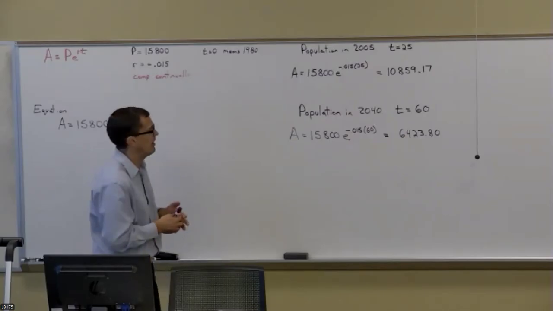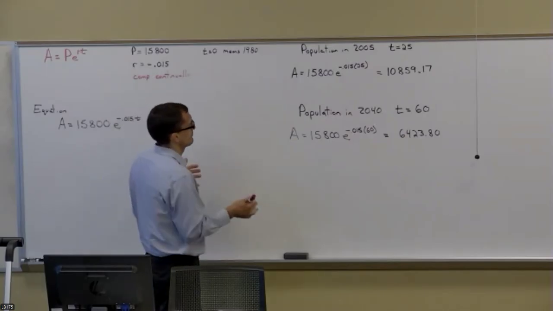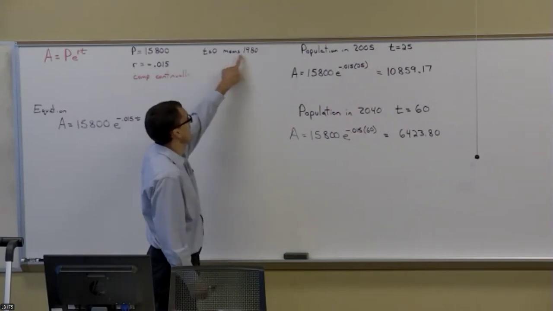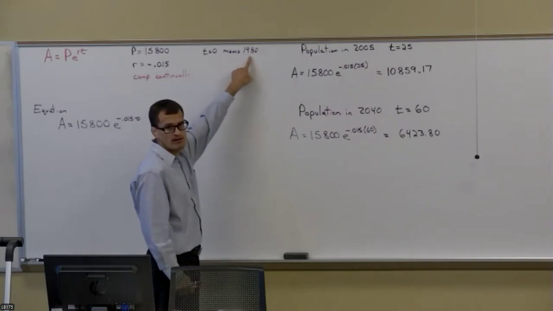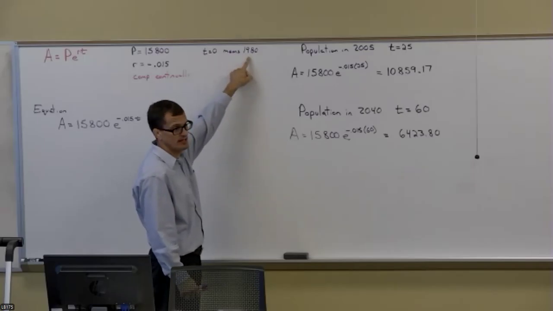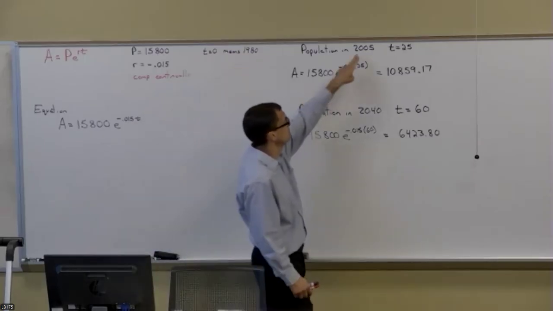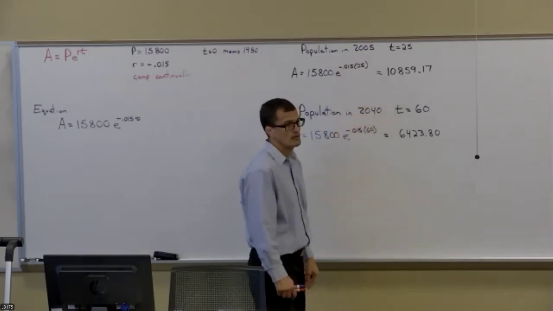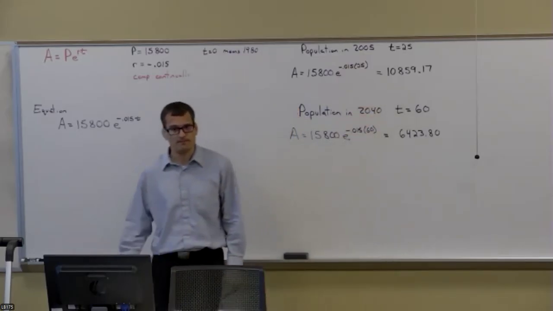And oftentimes in these real-world application problems, your t is going to have to start at some year, like 1980. T of 0 is going to be associated with some year like 1980. And then you have to use the correct t value associated with the appropriate year.